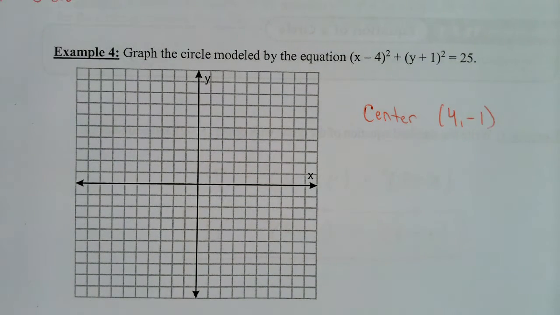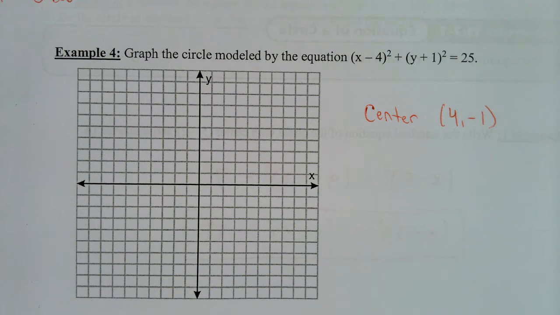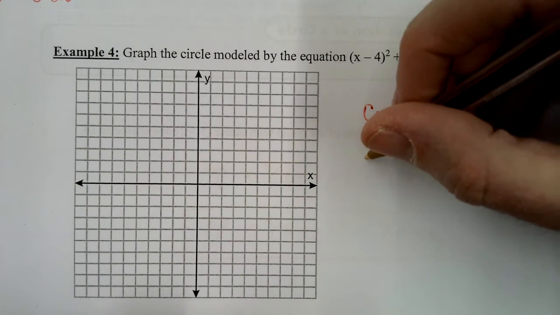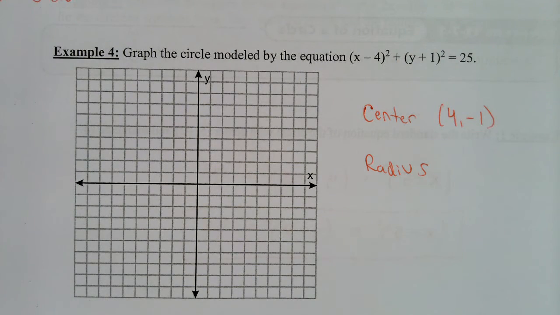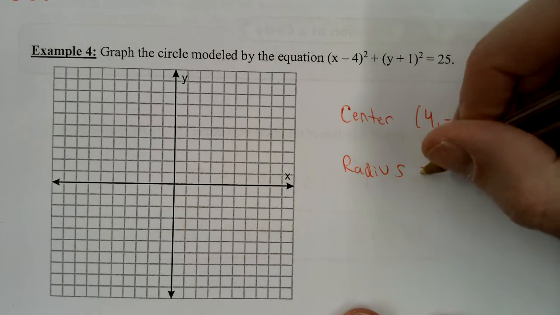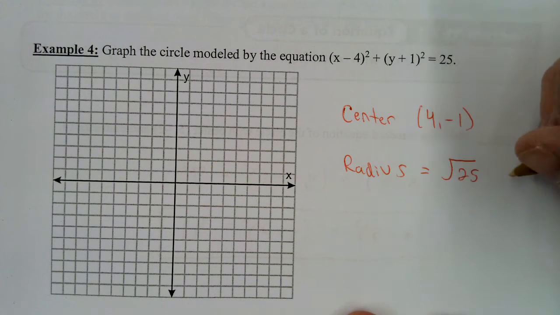Always take the opposite sign. The radius is going to equal the square root of 25, not 25, which equals 5.